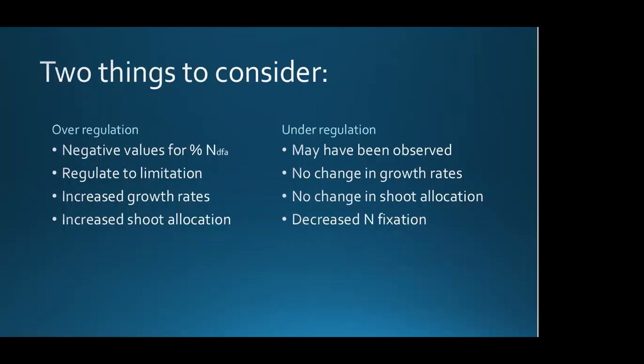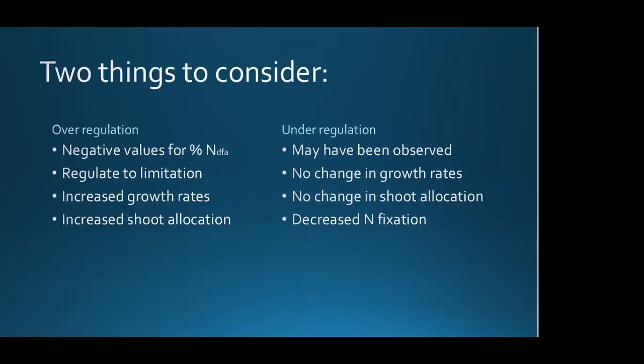Overregulation implies that fixation is regulating so much that the plant becomes limited by nitrogen, but the 3 species that appeared to be overregulating had increased growth rates and shoot allocation. These behaviors lead me to believe that using a representative non-fixer, which I use SESI, for the soil end member of the percent NDFA calculations is probably not the best method.